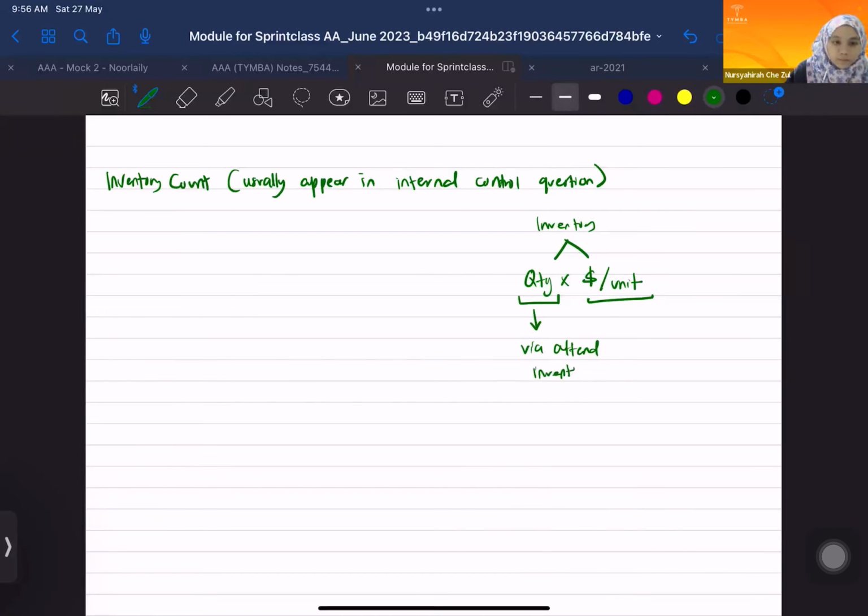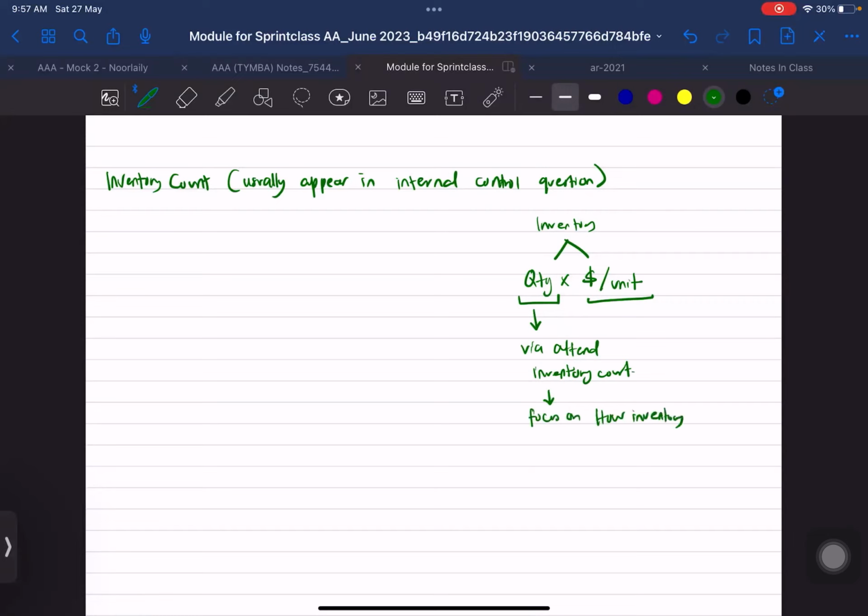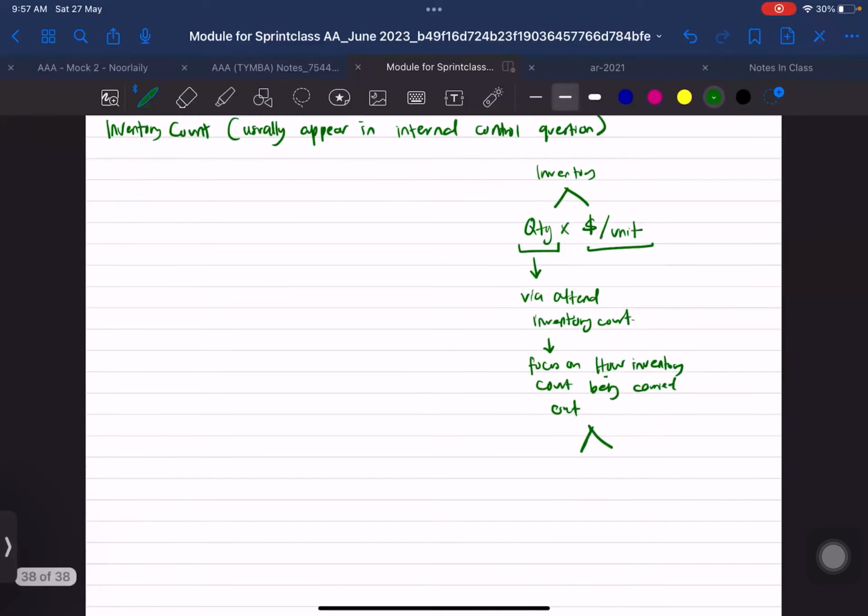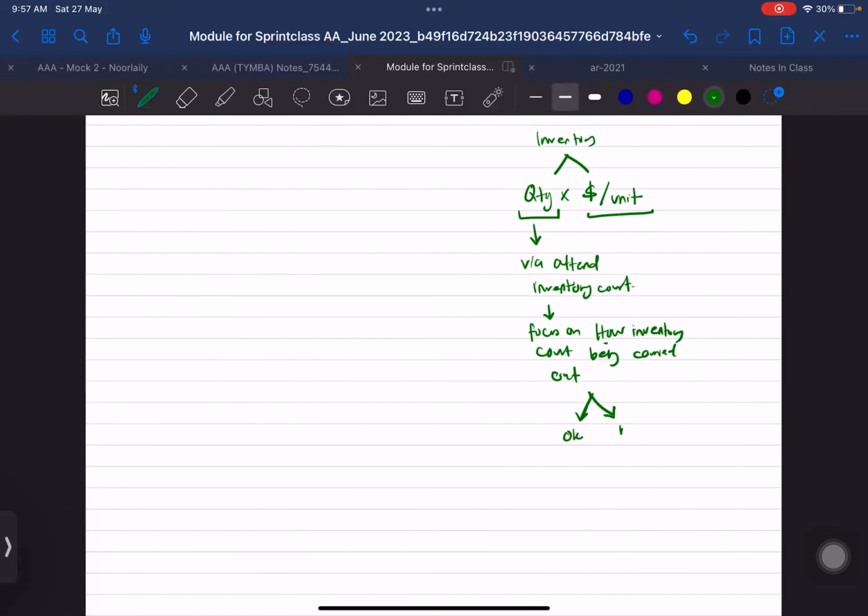When the auditor attends the inventory count, they focus on how the inventory count is being carried out. There are two possibilities, either okay or not okay. Okay means they can rely on the quantity reported by the client.